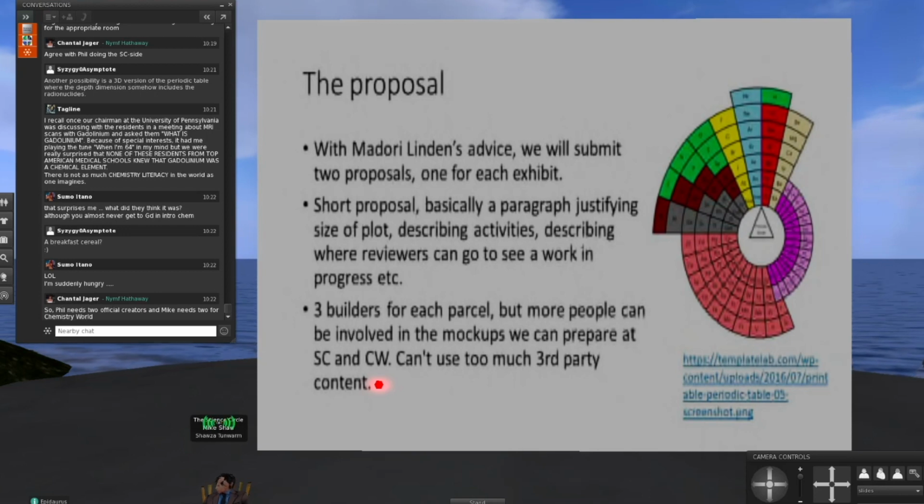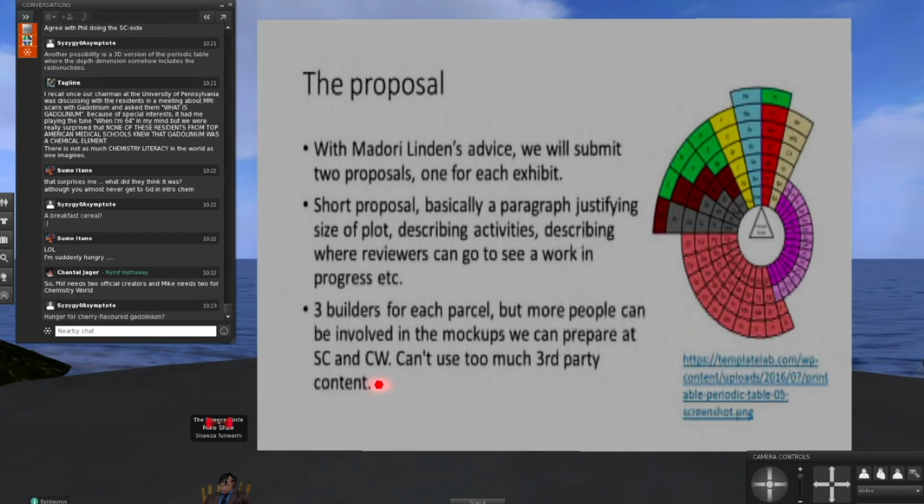I was thinking anyone who is really involved in this would be really happy to be a builder. I have a couple of folks in mind that I'll ask. So yeah, Chantal, basically two official creators for each site.